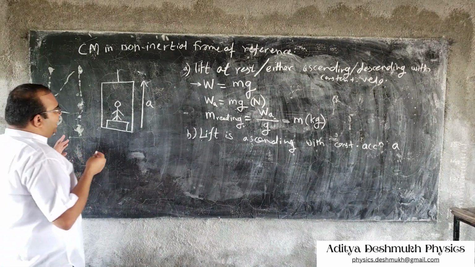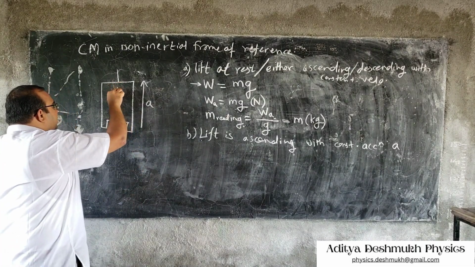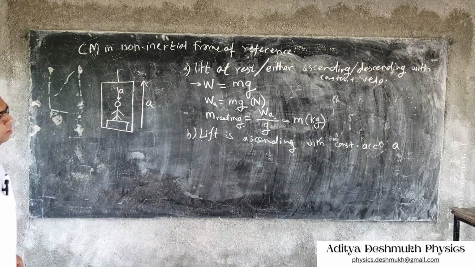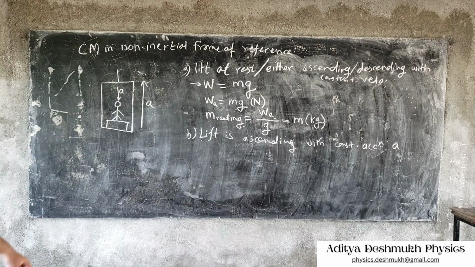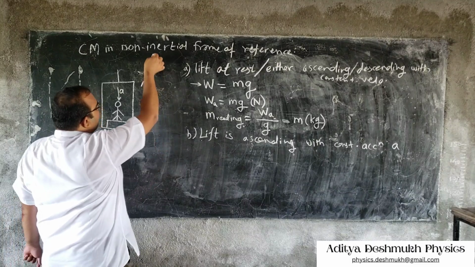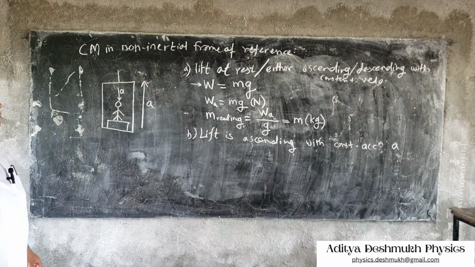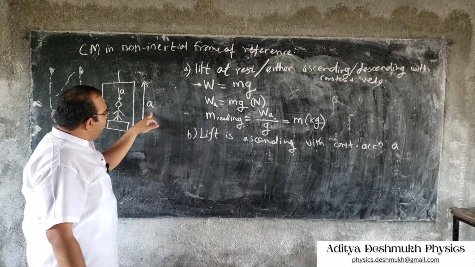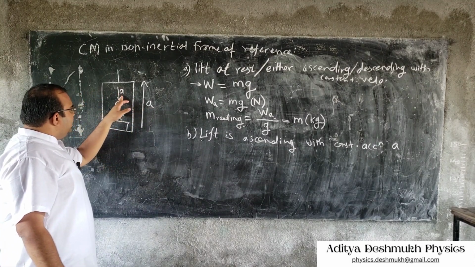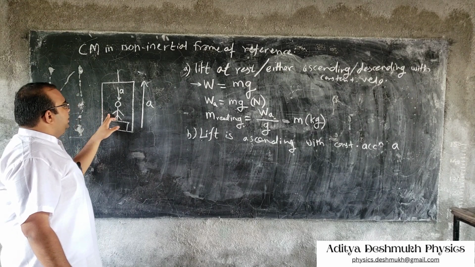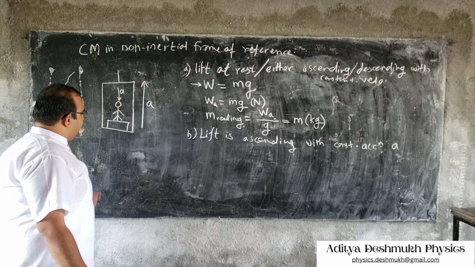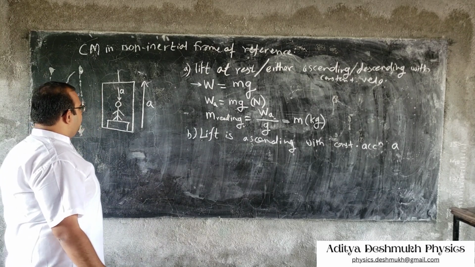We have to apply an equal and opposite amount of the frame's acceleration to the object inside the frame. So if my lift is ascending with acceleration a, I will apply the same magnitude of acceleration a, but in the opposite direction.